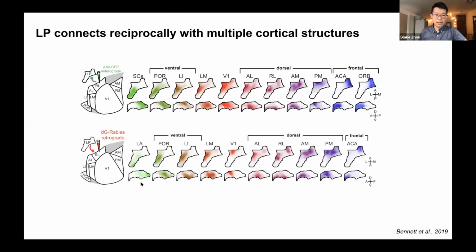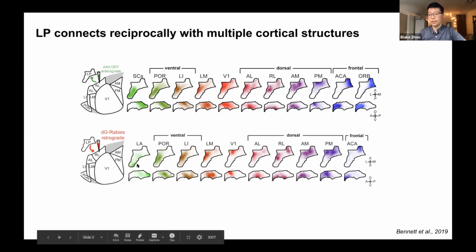I first want to start off by giving a brief overview of the two central brain areas in this work and why their relationship matters. LP is short for the lateral posterior nucleus of the thalamus, and it is the rodent homologue of the pulvinar in primates. The LP is retinotopically organized, and it's highly involved in transthalamic pathways.